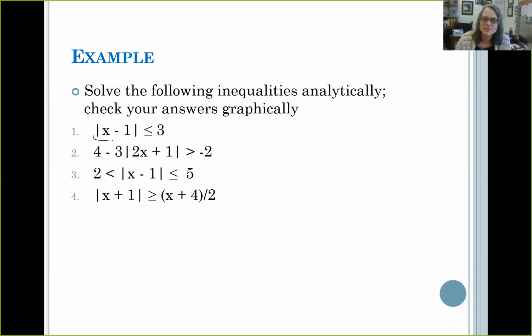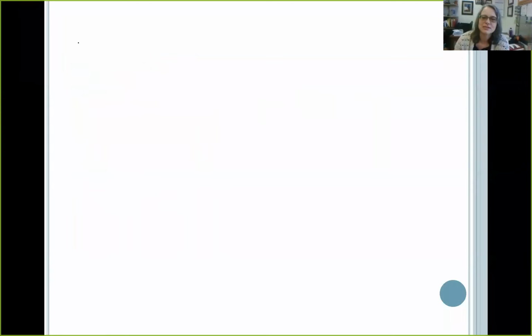Absolute value of x minus 1 is less than or equal to 3. So absolute value of x minus 1 is less than or equal to 3. Remember what we said. If the absolute value of x is less than c, that is the same thing as writing negative c is less than x is less than c, right?